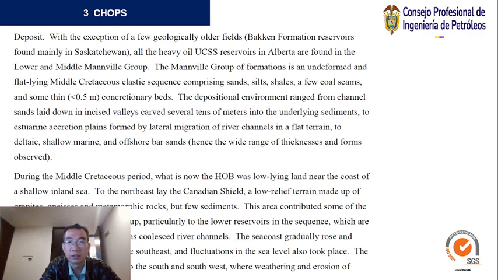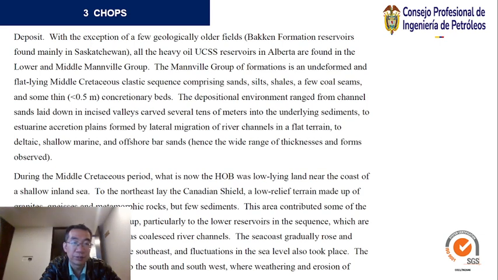The depositional environment ranged from channel sands laid down inside valleys, carved several tens of meters into the underlying sediments, to estuarine accretion plains formed by lateral migrations of river channels in a flat terrain, to the deltaic, shallow marine and offshore basins.